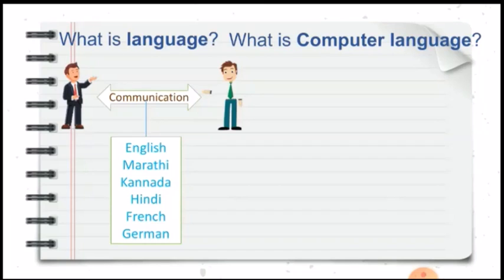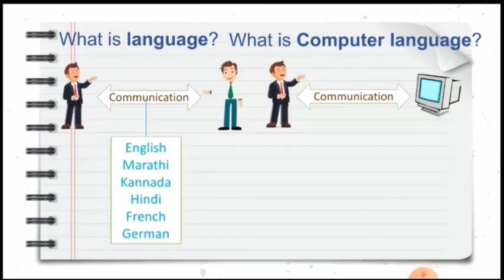If you want to communicate with the computer, you have to learn computer language. To communicate with computer, you have to give instructions to the computer by using computer languages.